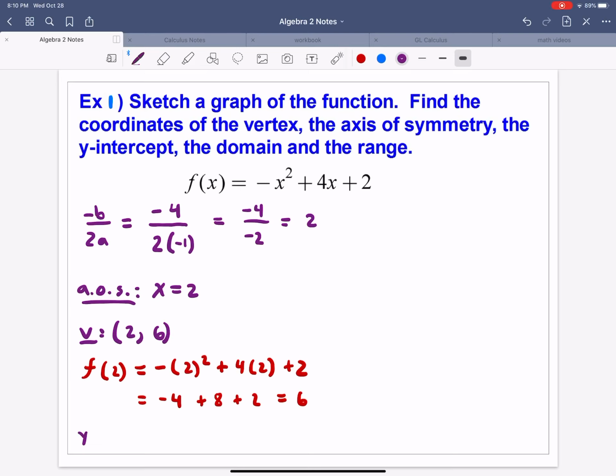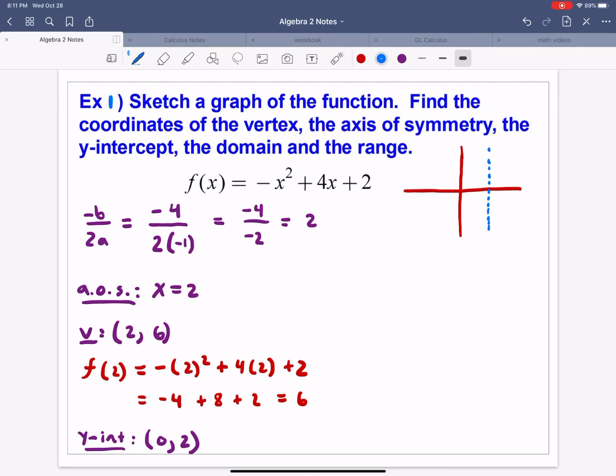Now the easiest part of standard form is the y-intercept. That's going to be at (0, c), and c in this problem is 2. Now let's draw a rough sketch of our parabola. I always like to start with my axis of symmetry, which is at x equals 2.